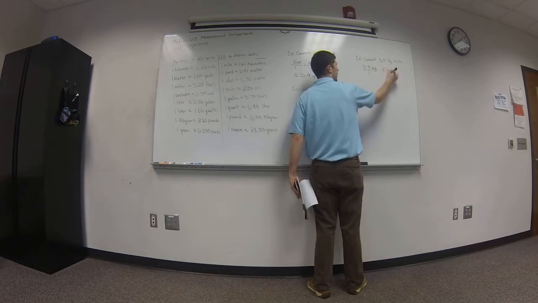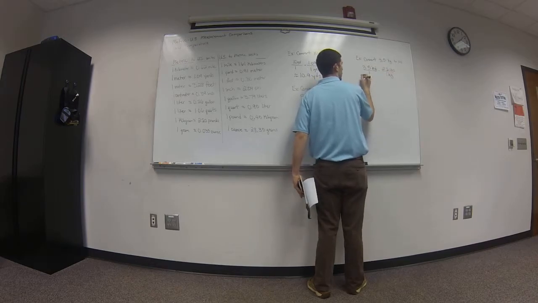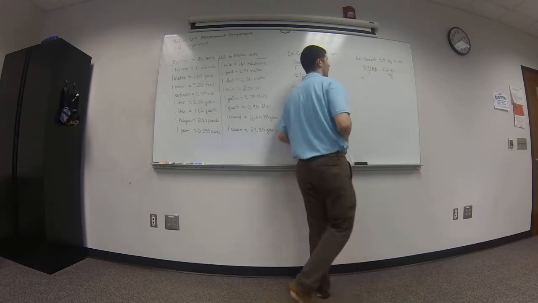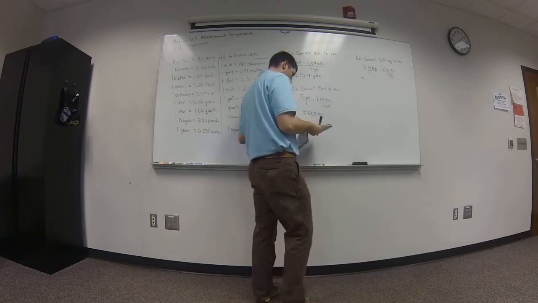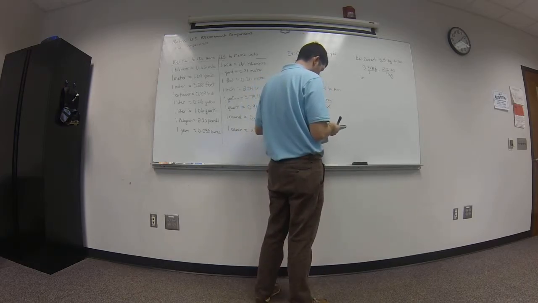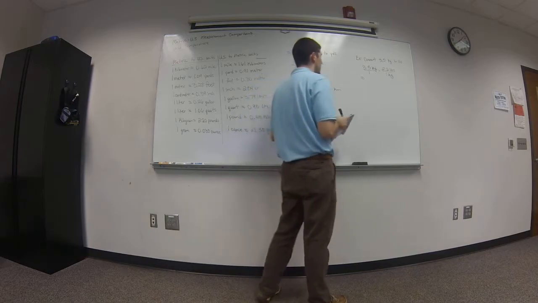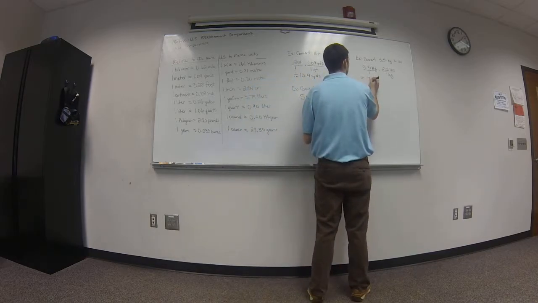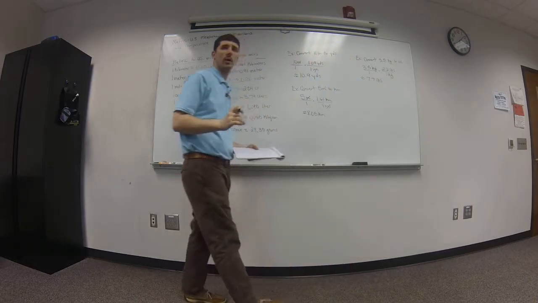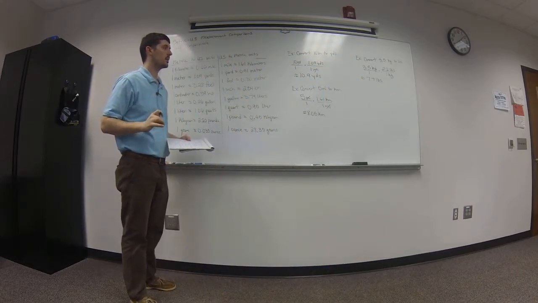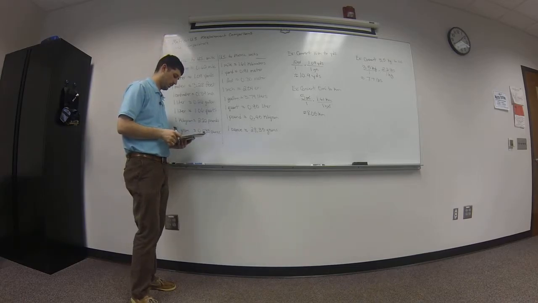My kilograms will cancel out. Now we just multiply 3.5 times 2.2, and that leaves me with 7.7, and my new unit is pounds. So 3.5 kilograms is approximately 7.7 pounds.